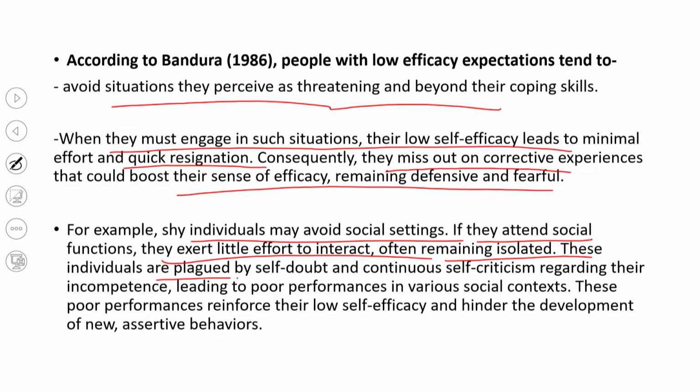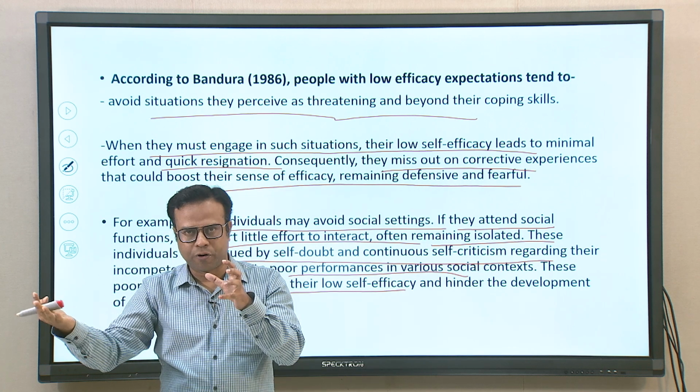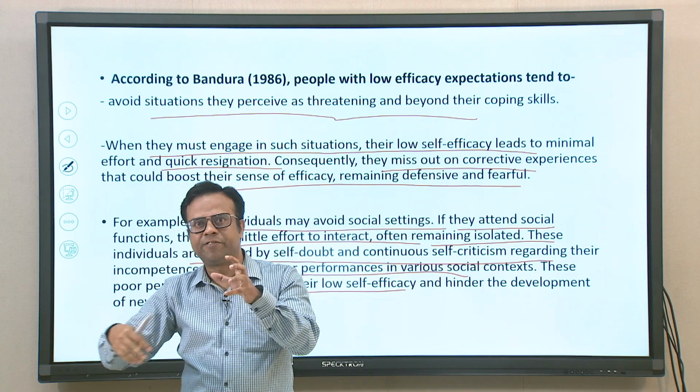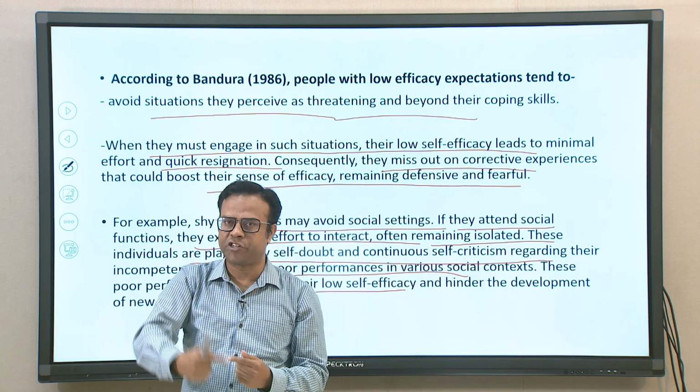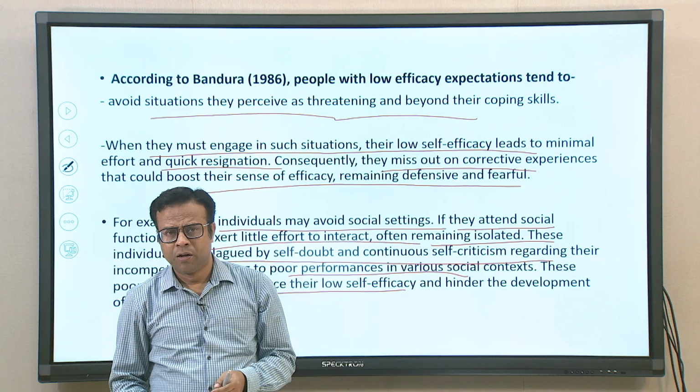Now, these individuals are plagued by self-doubt and continuous self-criticism regarding their incompetence, leading to poor performance in various social contexts. This poor performance reinforces their low self-efficacy again. Because of their low self-efficacy, they do not put in effort, and because of lack of effort they again believe they do not have capacity. So, this is how the vicious cycle goes on and on.